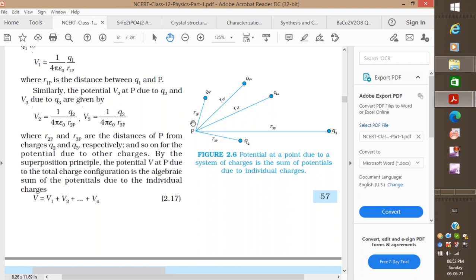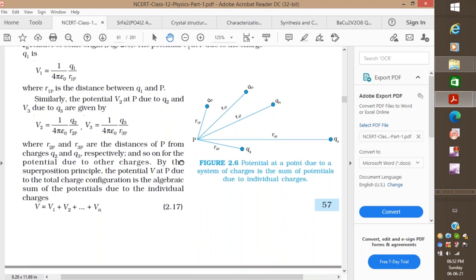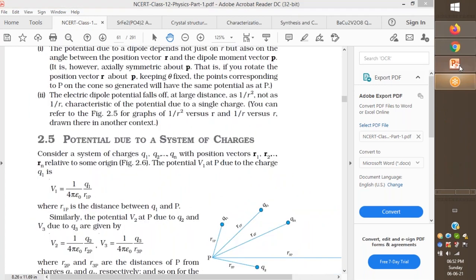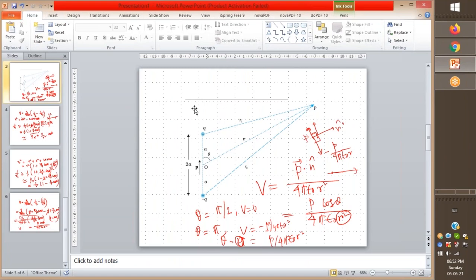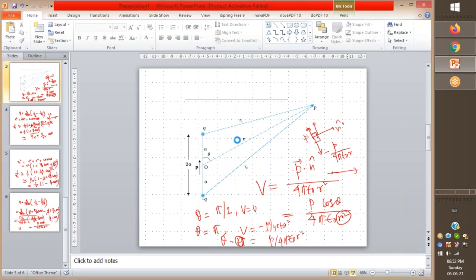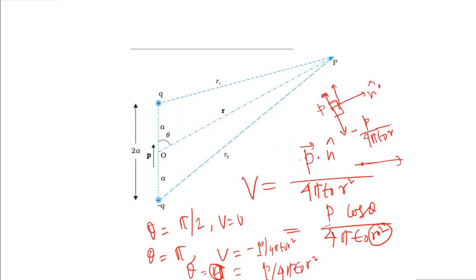So how much have you had? Where did you leave? Did you see the whole derivation for the potential due to the electric dipole? Have you heard that whole thing, or where did you leave? Then I'll just tell you a few points. Did you see the whole derivation for this or not? Nikhil, I am talking to you.